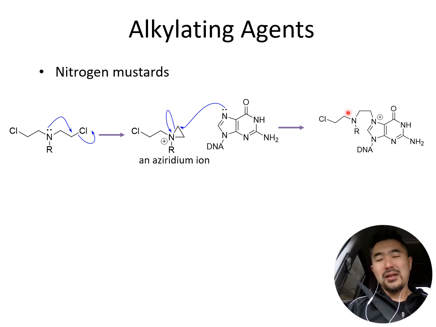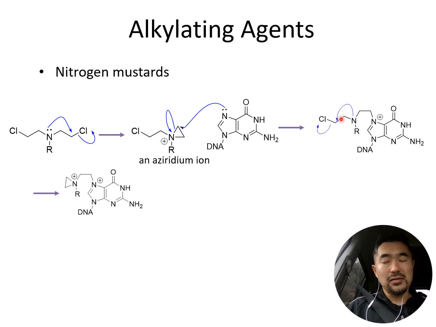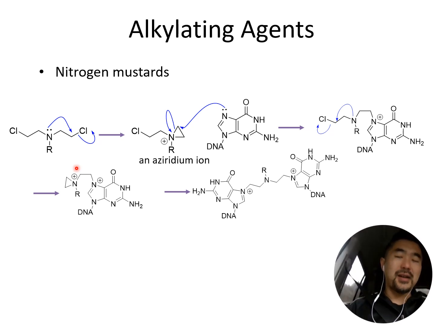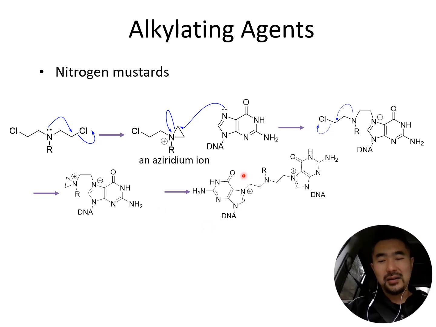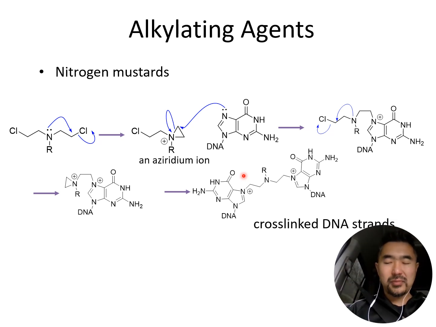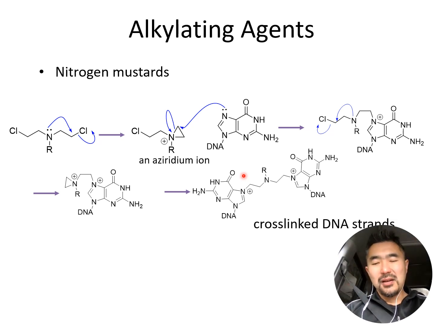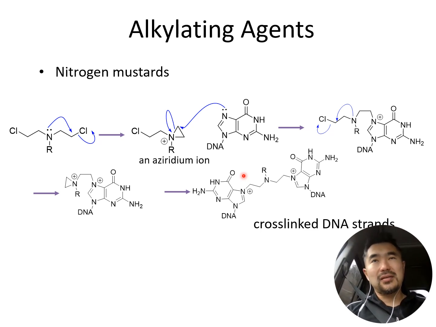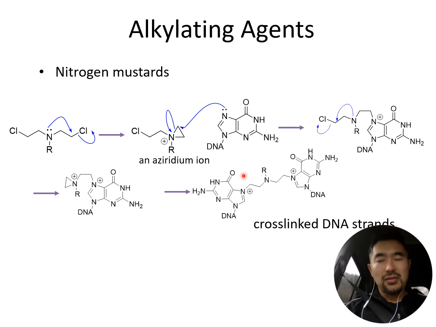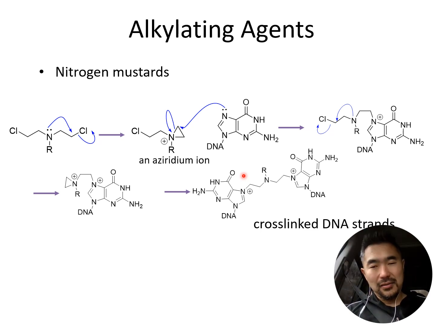On the second half of this molecule, you could go through the same thing where you undergo intramolecular SN2, form the three-membered ring, which could be opened up again by a DNA nitrogenous base. And what this results in is a sort of random cross-linking of DNA strands, thereby disabling this DNA from being ever used again.